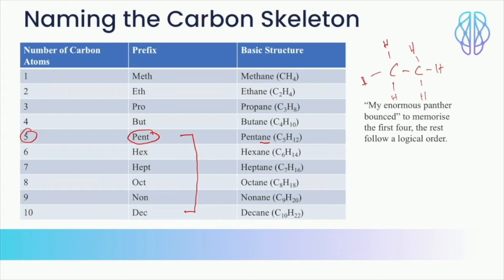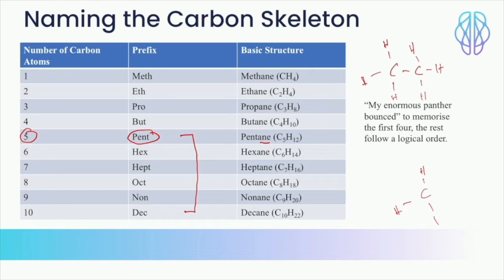9 nonane, 10 decane. So I want you to really remember that because you're practically going to need to memorize it. It's really high yield in regards to naming compounds. However, everything before 5 is a little less intuitive. So something with 1 carbon atom in its main chain will look something like this.